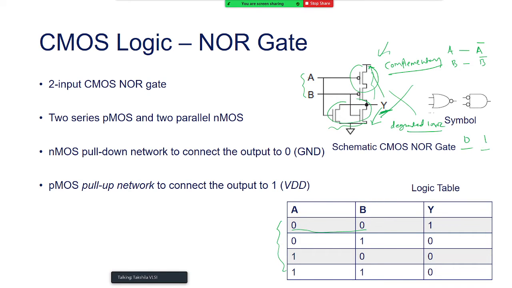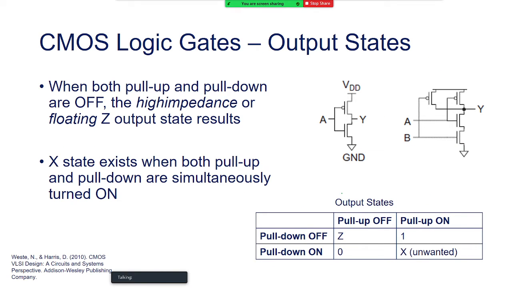That's it, VDD and 0. We don't want slightly degraded 1 or slightly above 0, right? So NMOS is again the pull-down network, PMOS again the pull-up network. Now we always understood that there are only two levels, logic 0 and logic 1.